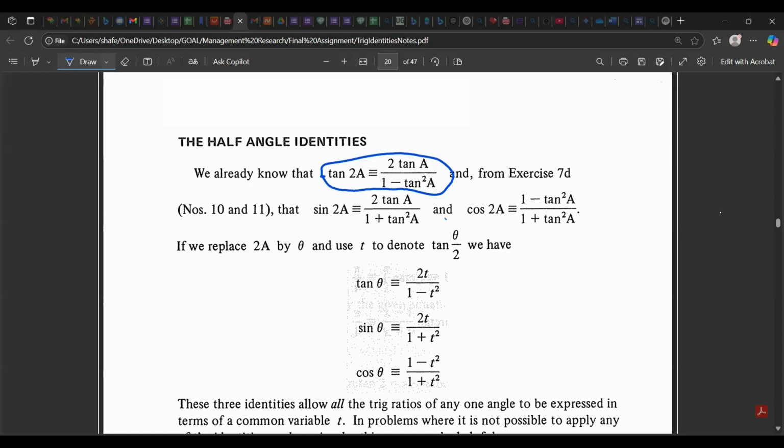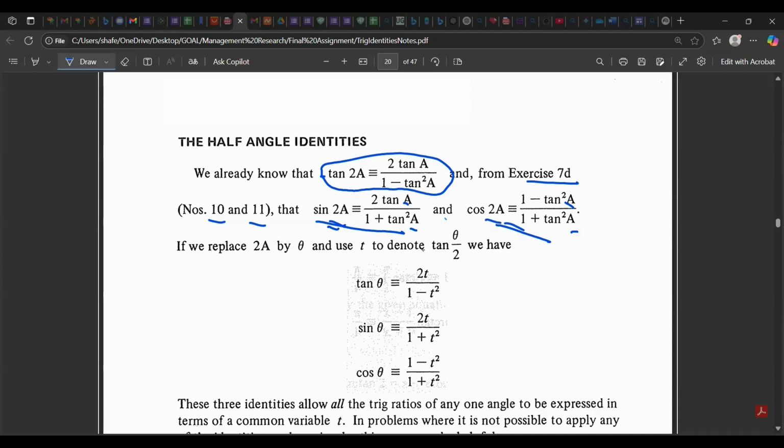Now there was an exercise, the previous exercise, number 11 and 12. You were asked to prove these two, right? So notice you're writing sine 2A and cos 2A in terms of tan A.